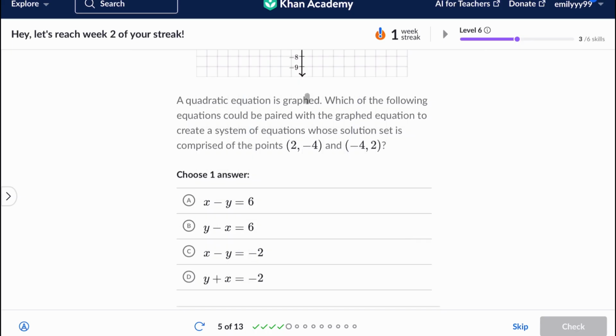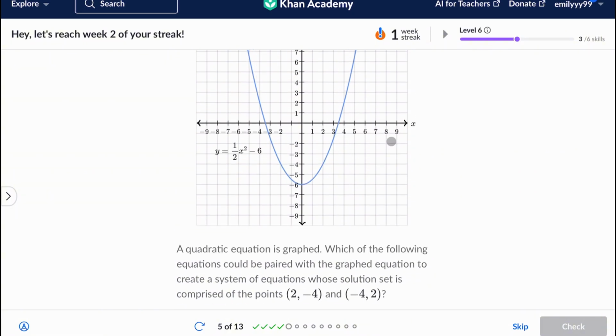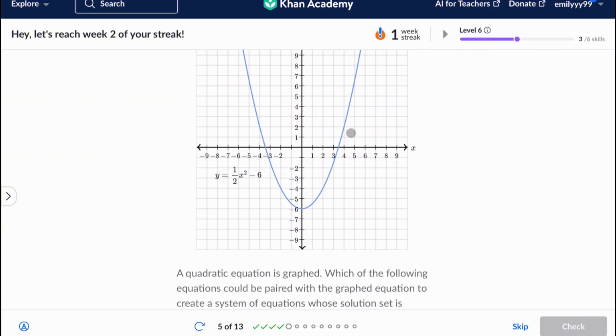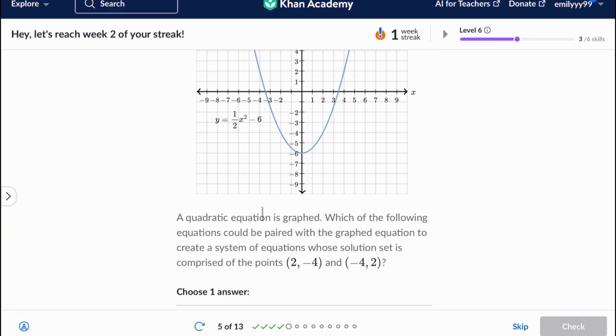A quadratic equation is graphed. Which of the following equations could be paired with the graphed equation to create a system of equations whose solution set is comprised of the points 2, -4 and -4, 2? Okay, so we want to put another graph in here, and it would give the solutions of these two.